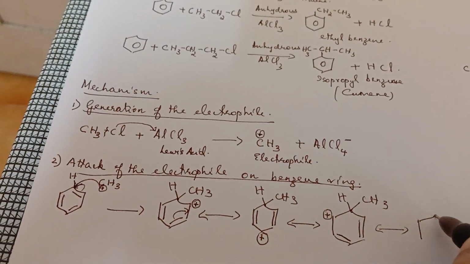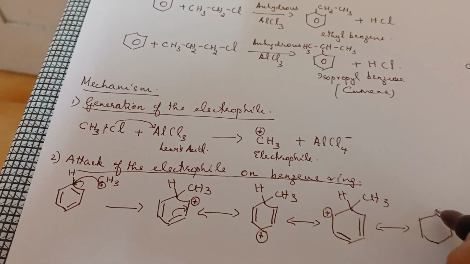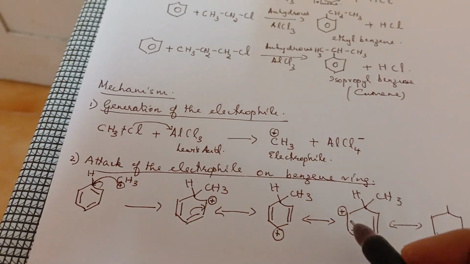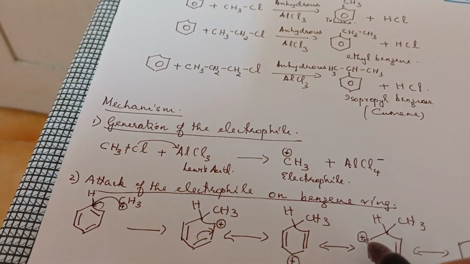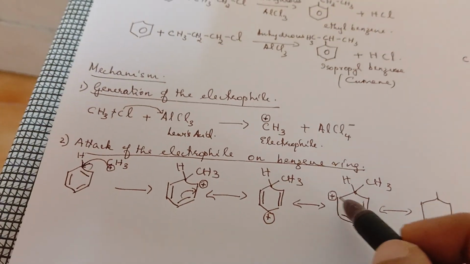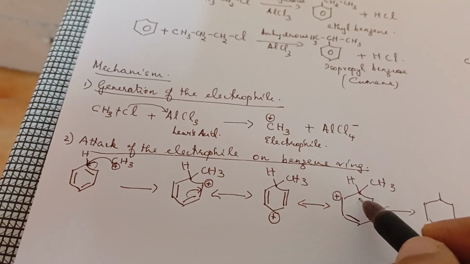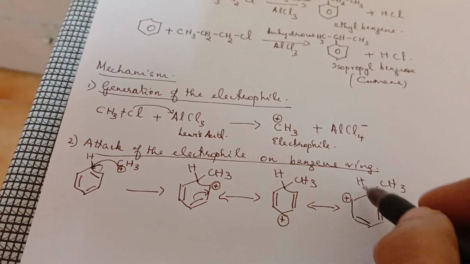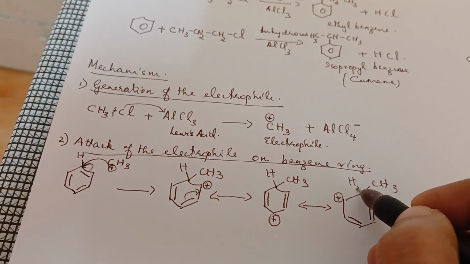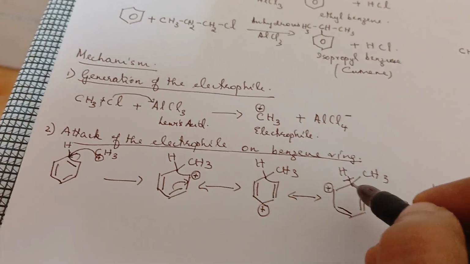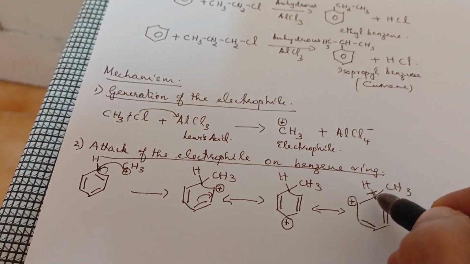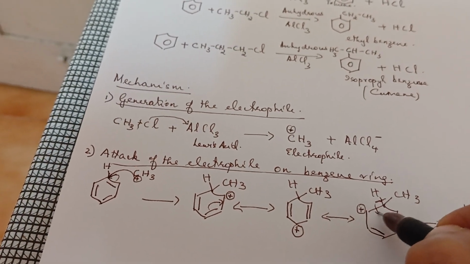In the next structure, now who will give this carbon electrons? There are no more pi bonds here. So this bond will break and the hydrogen will leave as H plus ions and the electrons will come in here.